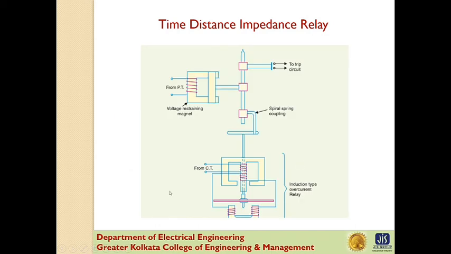Now this figure shows the schematic arrangement of a time distance impedance relay. It consists of a current driven induction element similar to the double winding type induction overcurrent relay. The disc of this element is connected by means of a spiral spring coupling to a second spindle which carries the bridging piece of the relay trip contacts.